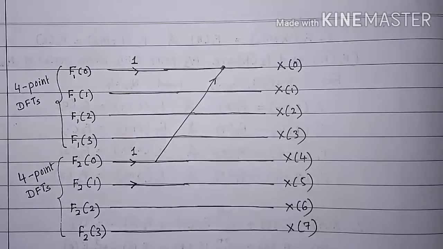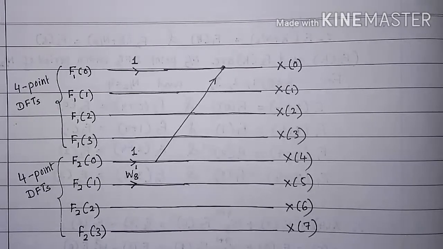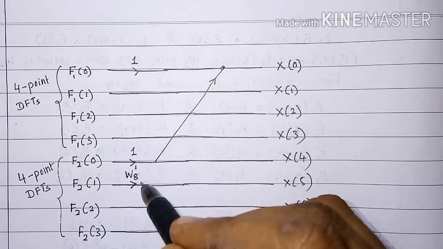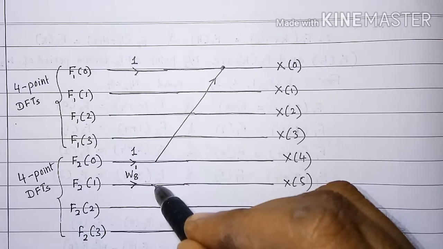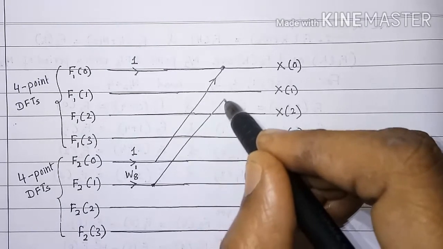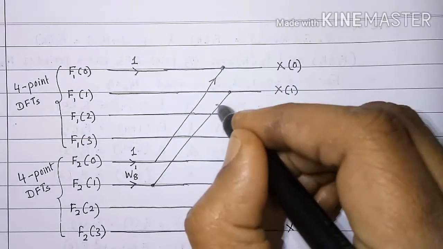And that is nothing but the value of w8 raised to 1. So f2 of 1 into w8 raised to 1 is to be added to f1 of 1.